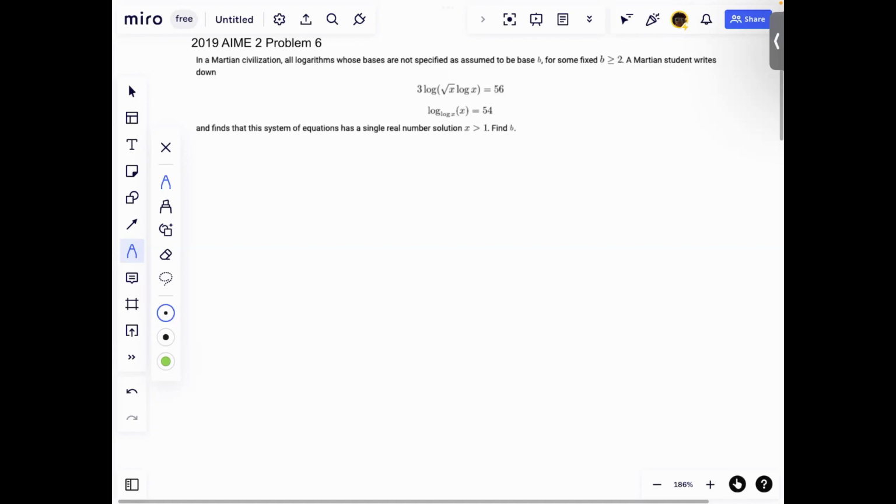So in order to simplify these logarithms, we can let x equal b to the b to the a.